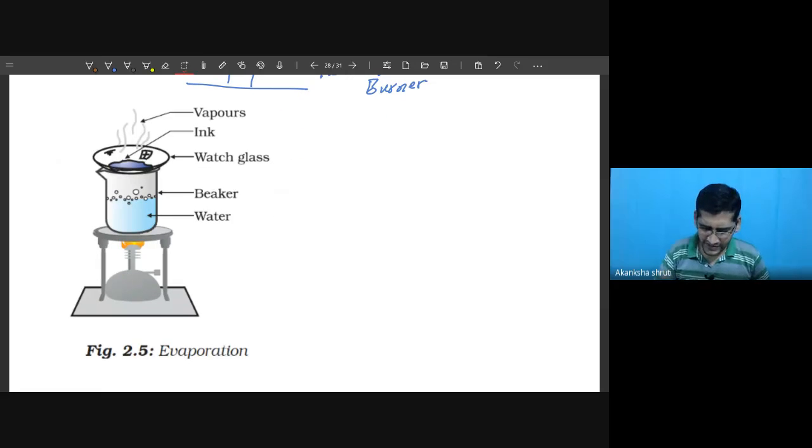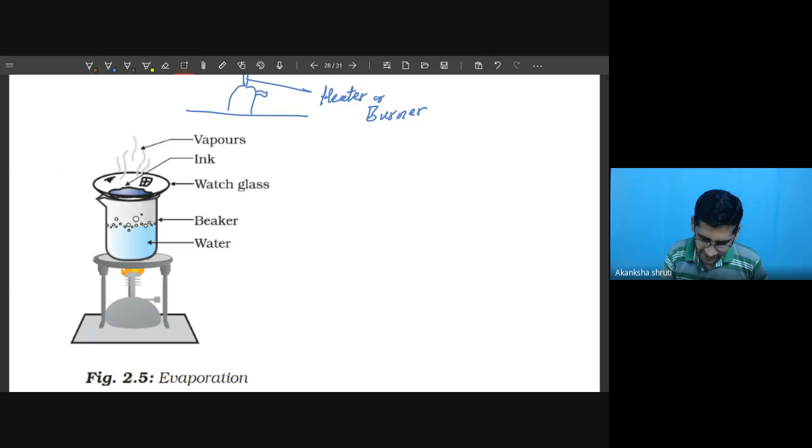The utensil used is called the watch glass, basically the China dish. This is the beaker. This heating is done indirectly, not direct heating, because on direct heating the ink will disintegrate. A chemical reaction occurs inside the ink itself. Therefore direct heating is not done.